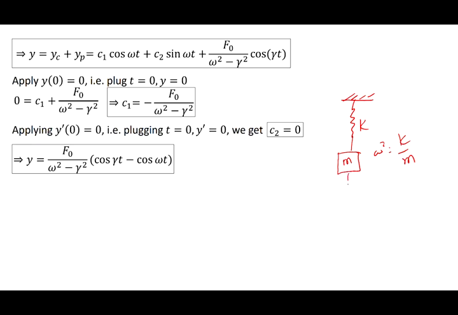And this is subjected to this external force F sub 0 cosine gamma t. This is a force that is being applied to this mass. So we are trying to figure out what the position of the mass center would be. That's our y. We are solving for it. And this whole solution tells us that y, the position of the mass center, is governed by this particular equation.